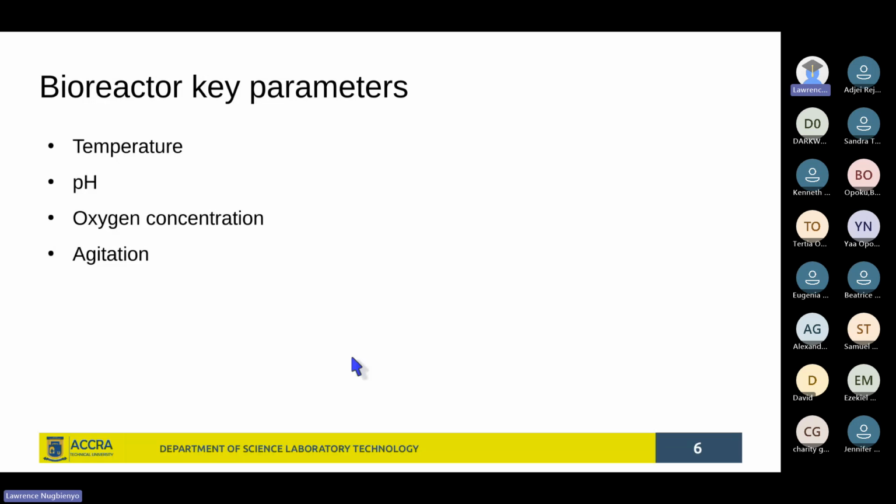Then obviously, you did remember that we looked at factors that affect enzyme activity. We talked of temperature, pH, even concentration of substrates, stuff like that. This time around in the industry, yes, same parameters like temperature and pH need to be controlled in order to have the maximum yield of a product.